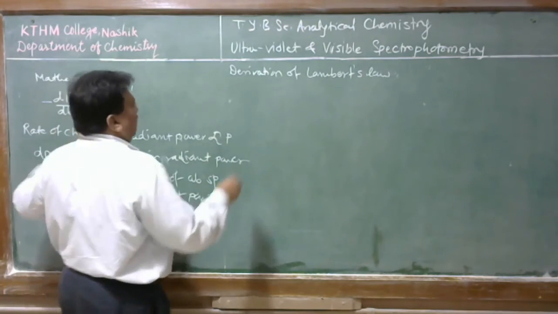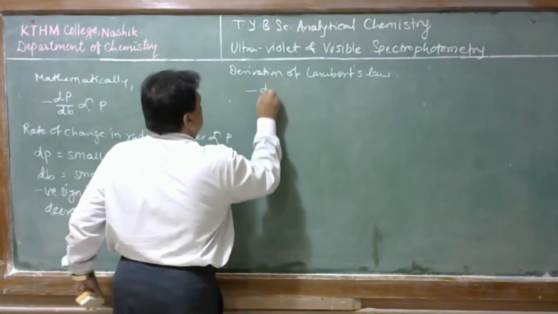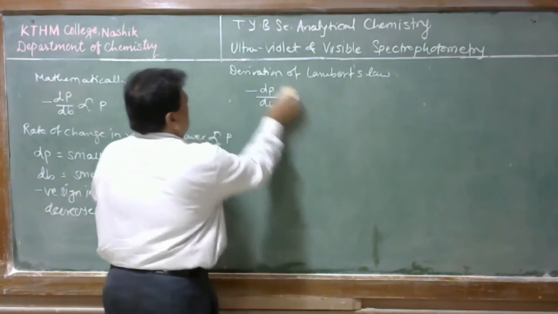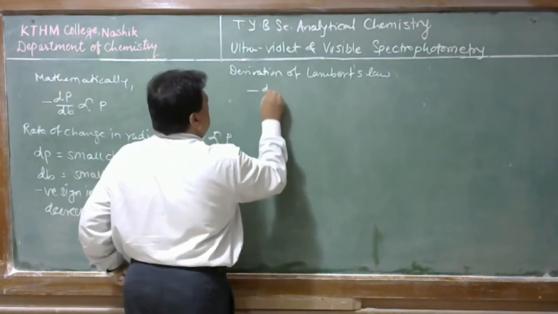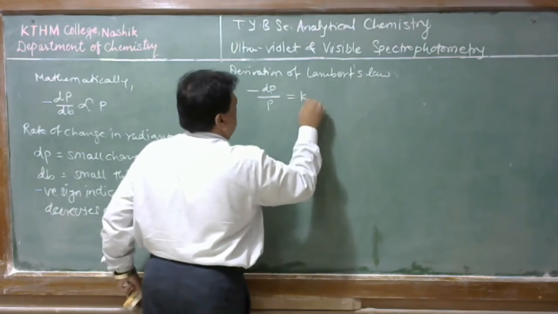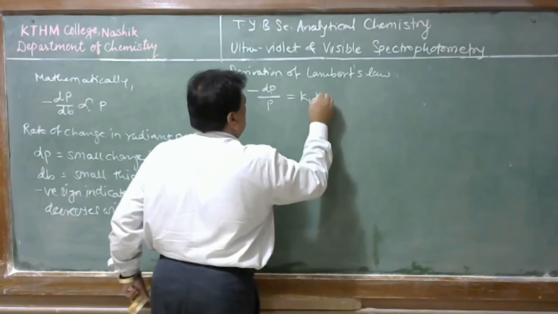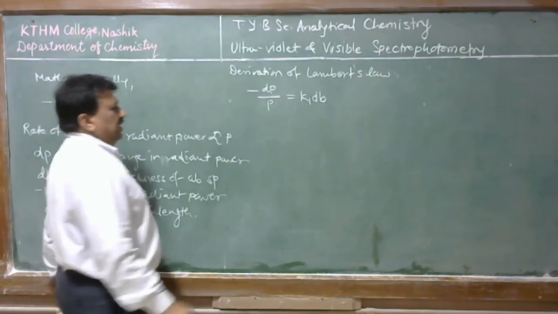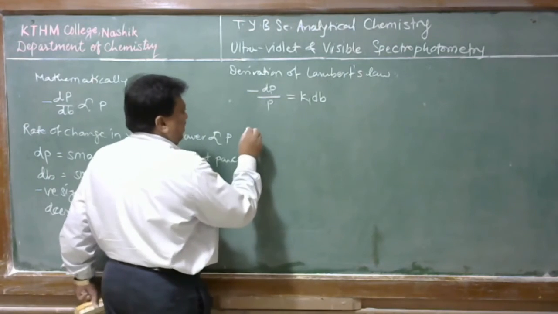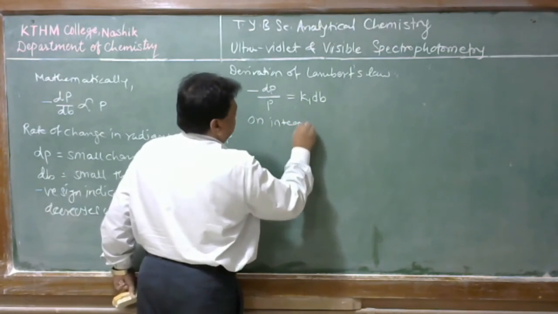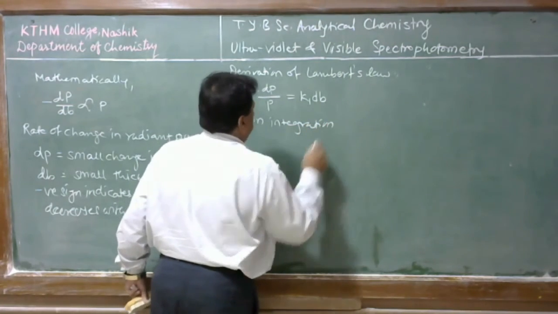Therefore, here on rearranging we have this minus dP by dB, minus dP by P is equal to K1 into dB. On rearranging, then we integrate this equation with the proper limits.